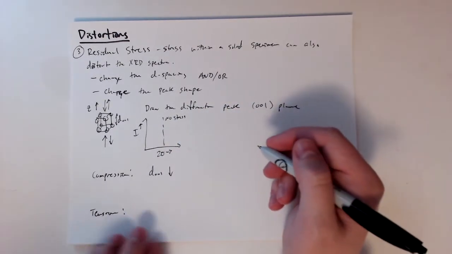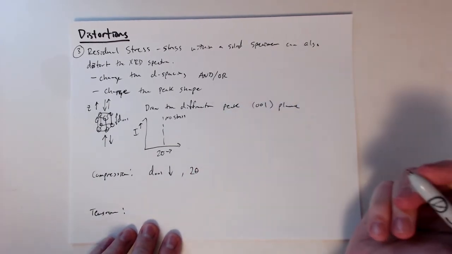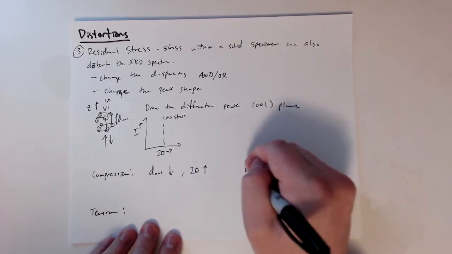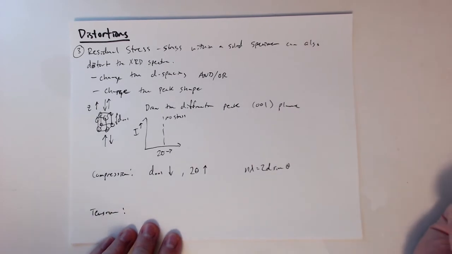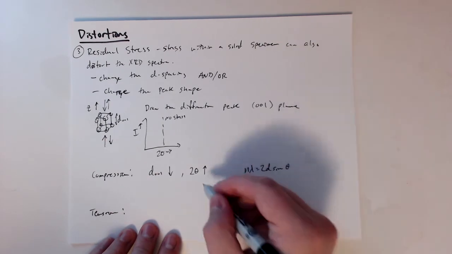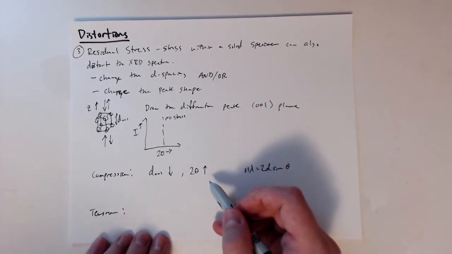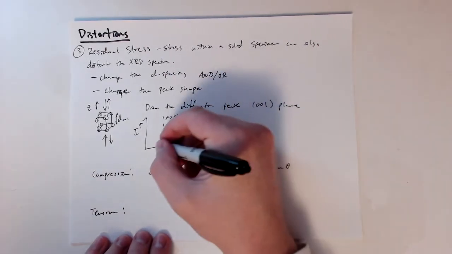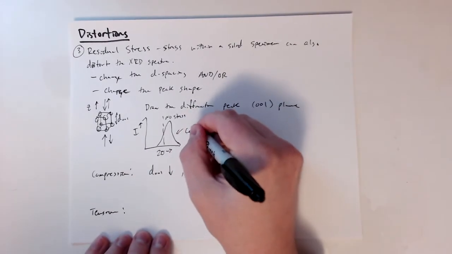And if you remember from Bragg's law, that would mean that the resulting 2 theta position would increase. If we compare D to sine theta, any decrease in D-spacing would increase the 2 theta position. So that would shift the peak to this side, right? So this is for compression.